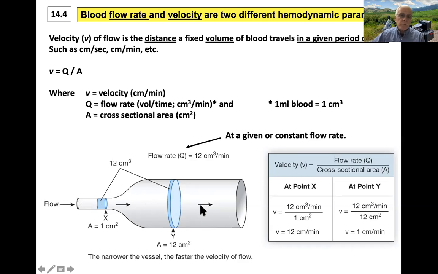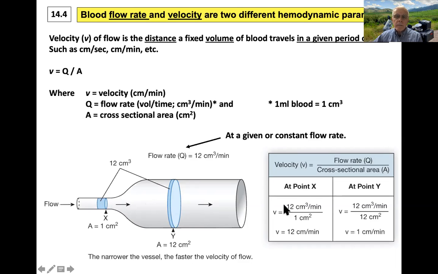It's a trick question. If you calculate the velocity of blood flow in the narrow diameter of this tubular system, the area here is 1 square centimeter. So she's giving me the A value, she's giving me the Q value. So she puts it in a table form over here for me.